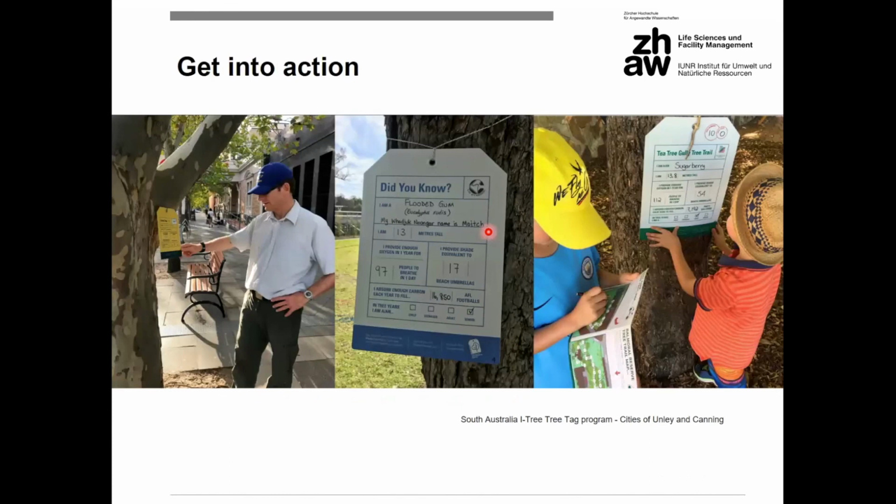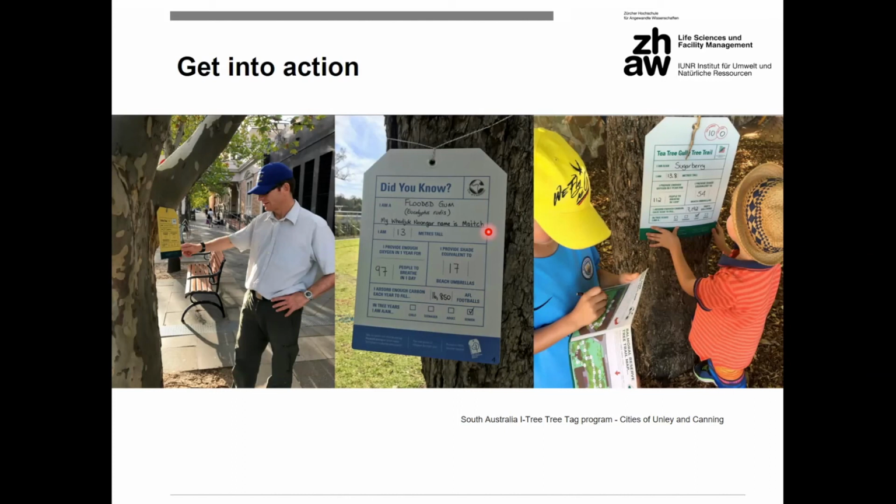We get into action, and this is a pretty simple measure to inform, for example, the public of a city what trees provide, or especially here, with this tree tax, what this particular tree provides for the urban environment, and of course for every citizen.